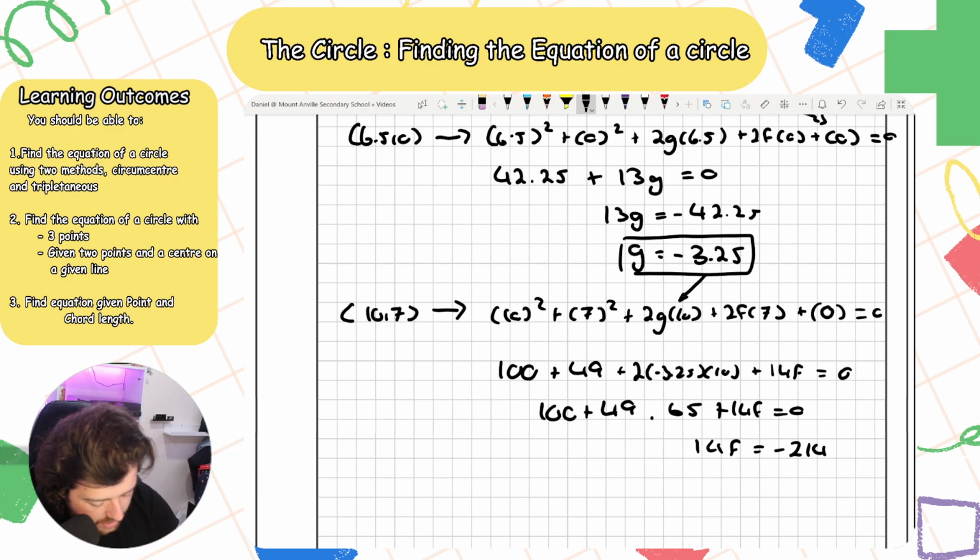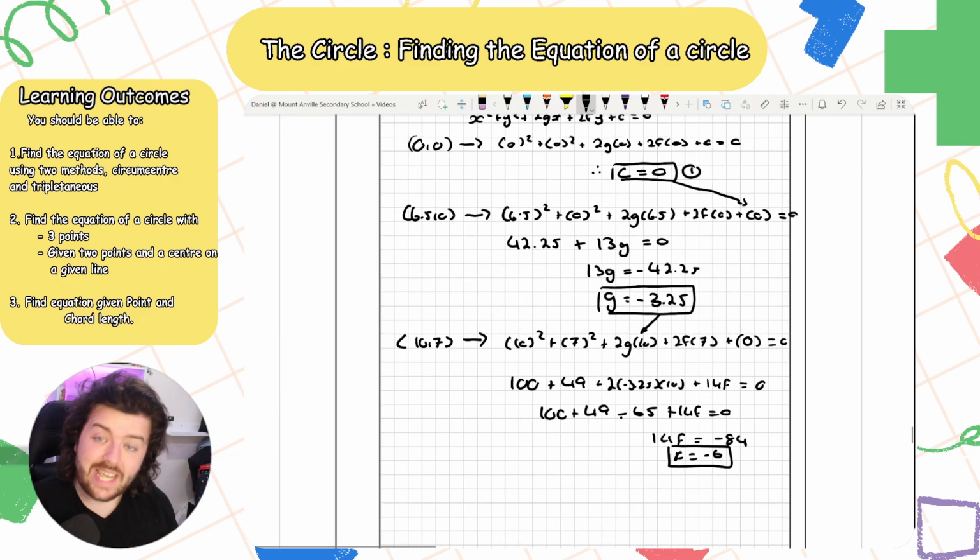There's a minus in there, I do apologize. So that's going to be equal to minus 84, and therefore f is equal to minus 6. So there you go. I have f, g, and c.